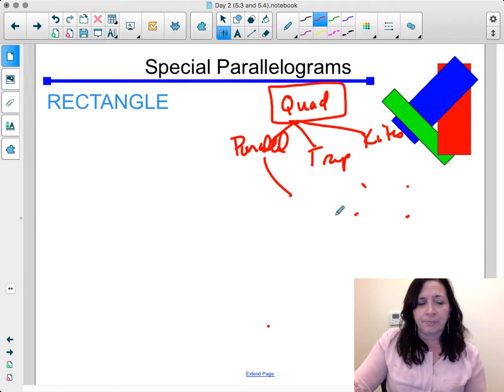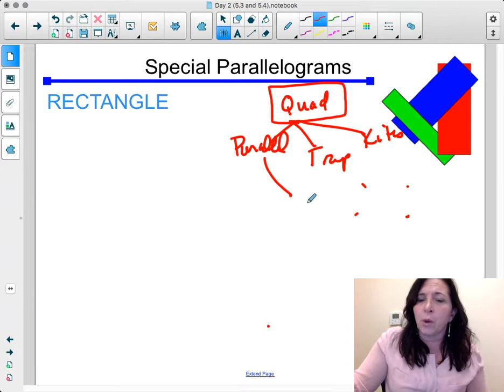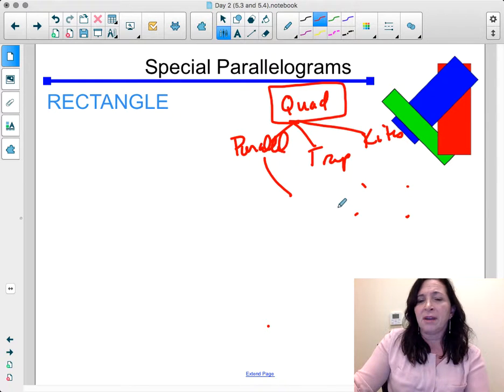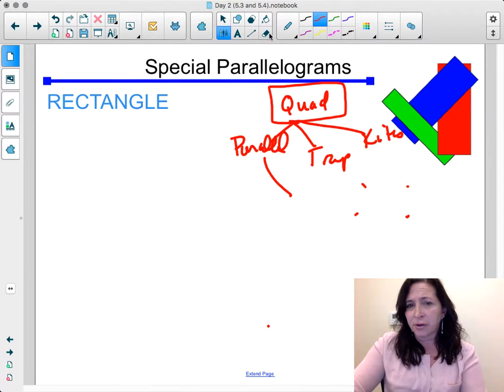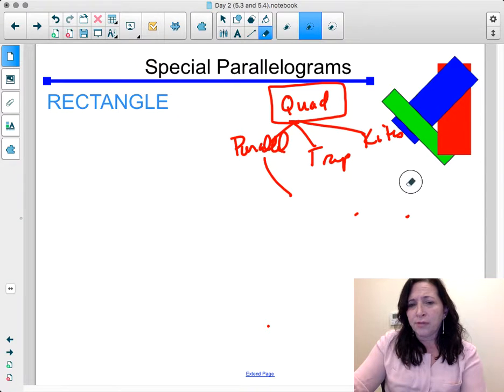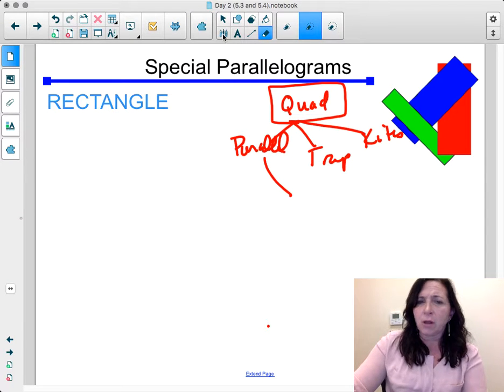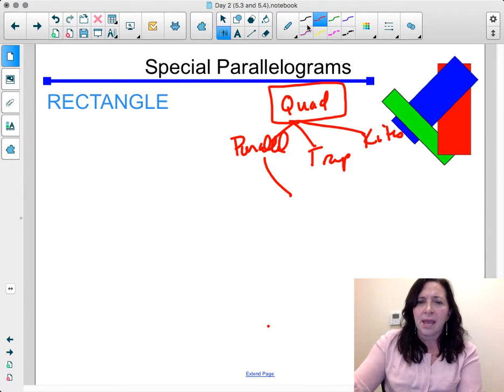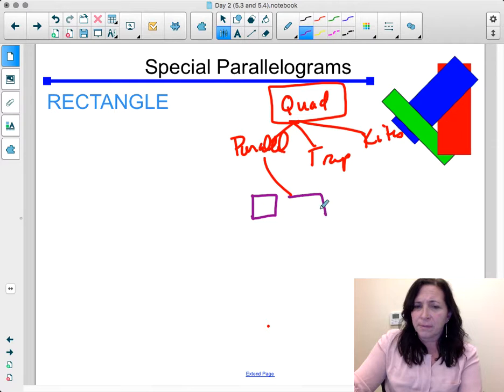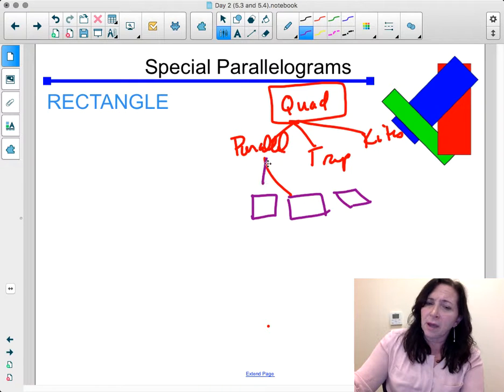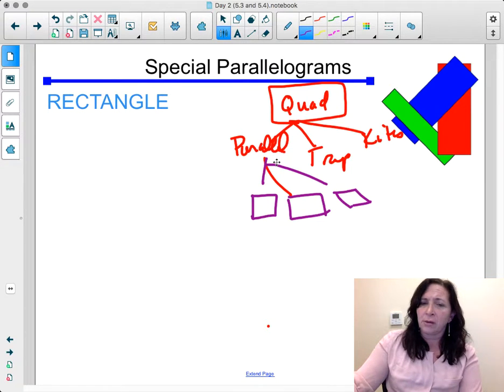And then, let's see, what was the last one? Oh, both of my diagonals had to bisect each other. So in order for something to be a parallelogram, all of that stuff has to happen. And in that case, we had 3 cases that were parallelograms: squares, rectangles, and rhombuses. And those 3 all fell under the parallelograms.